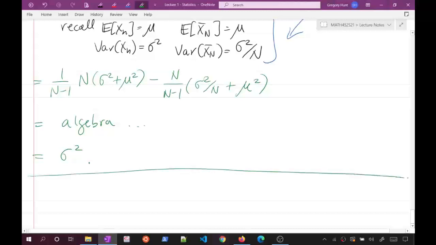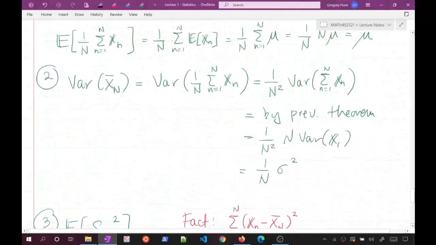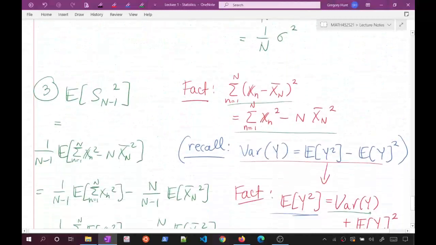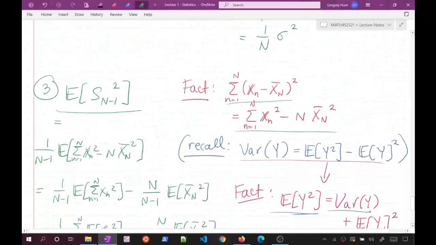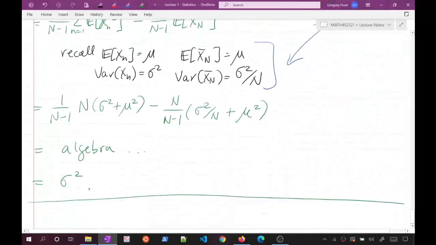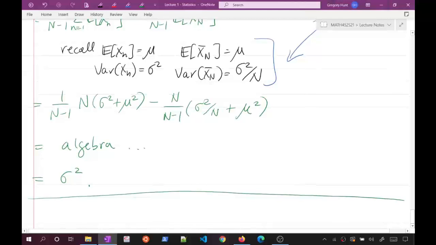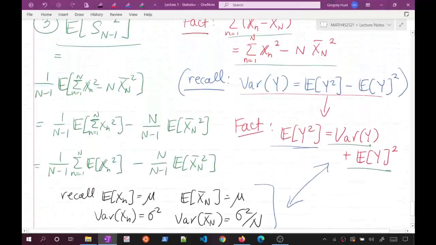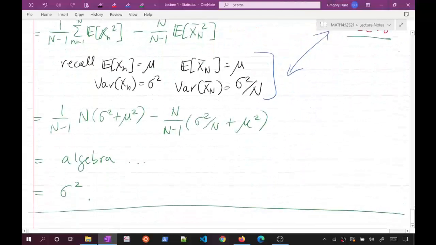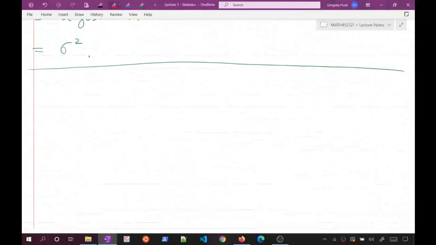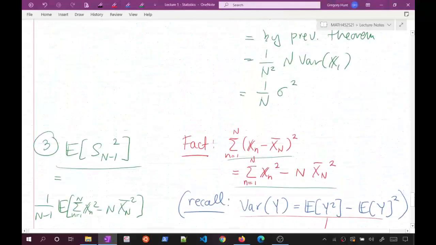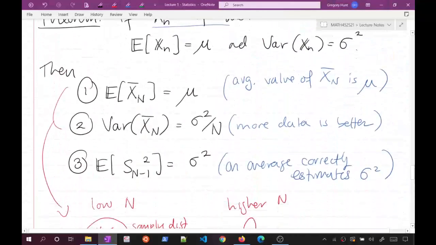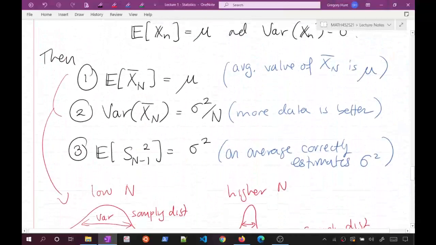That is the theorem. The third part of the theorem was showing that the expected value of the sample variance is sigma squared. If we go back up to our theorem, the three parts were: first, the expected value of x bar is mu.